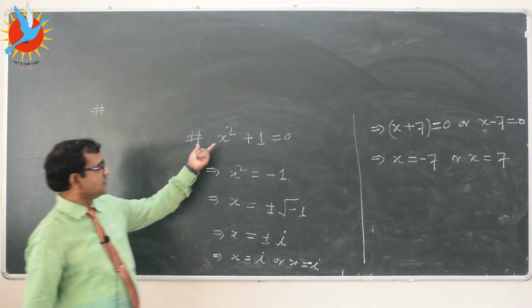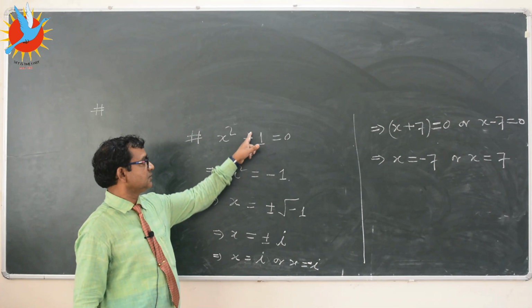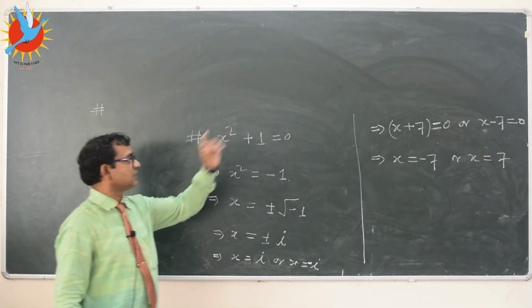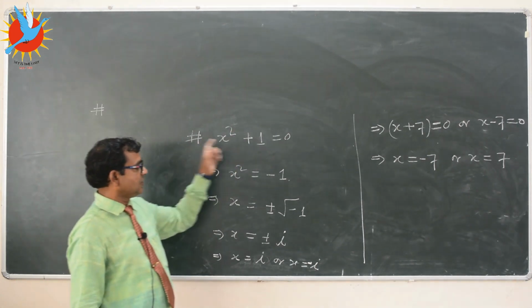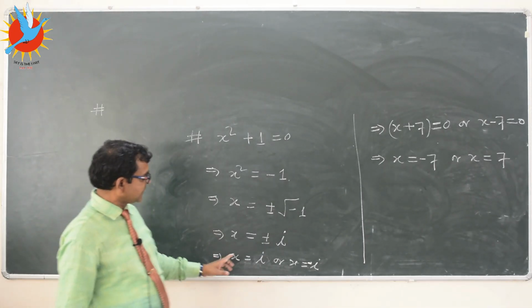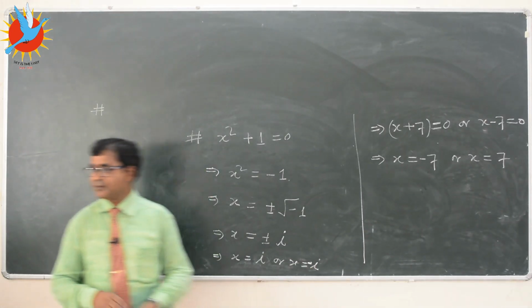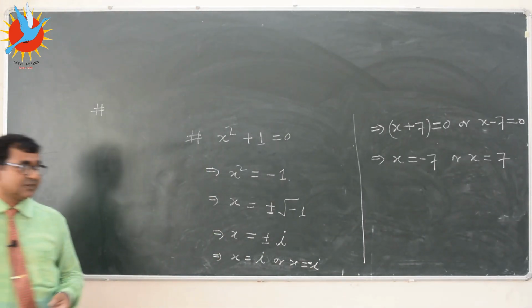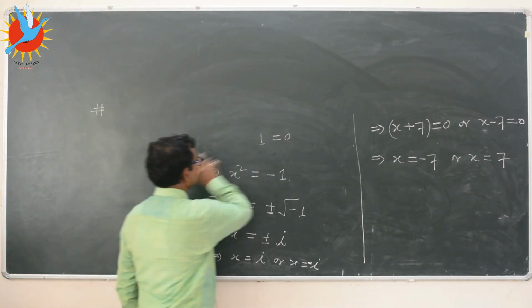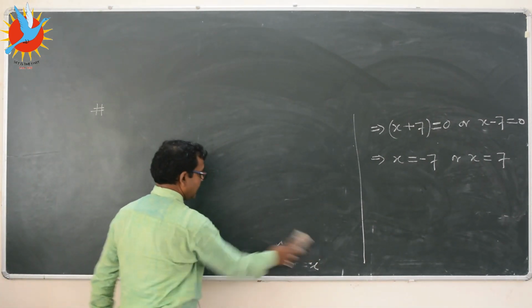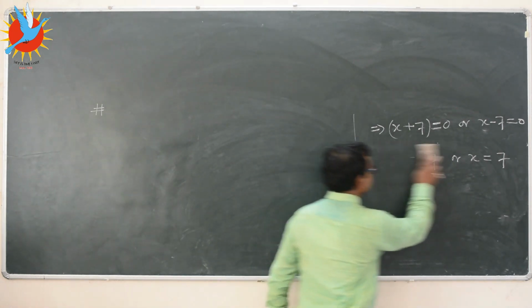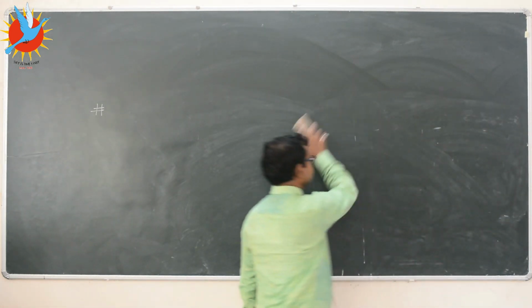So if in this type of quadratic equation the constant sign is plus, the solution of such types of quadratic equation will always be an imaginary number or complex number. Now let us see how to find the solution of a quadratic equation where only the constant term is 0.